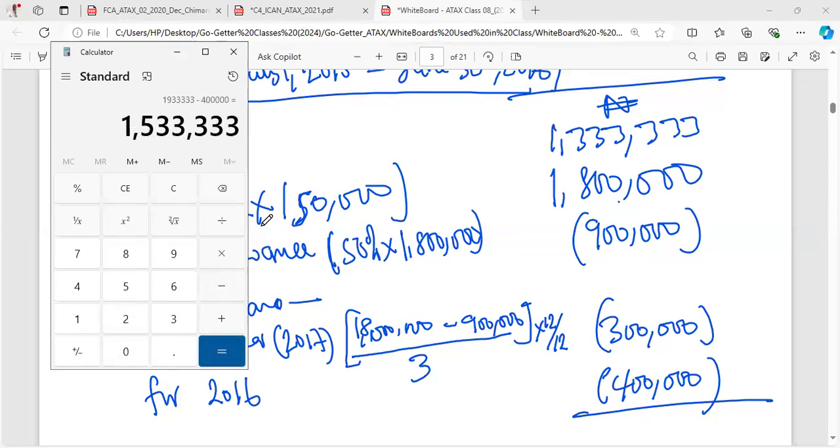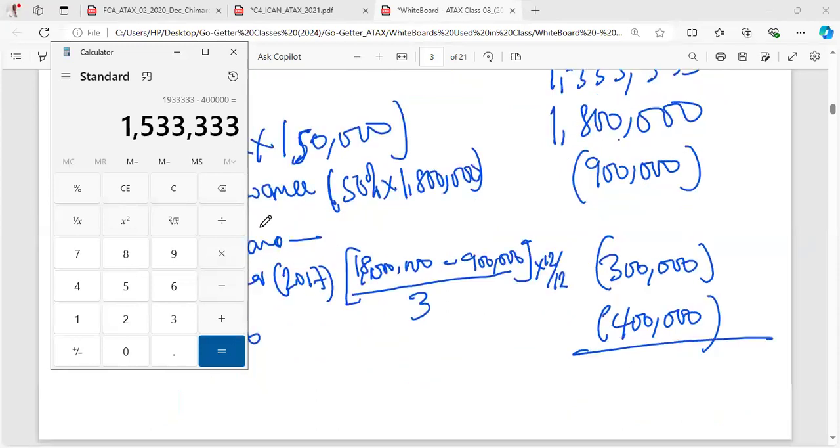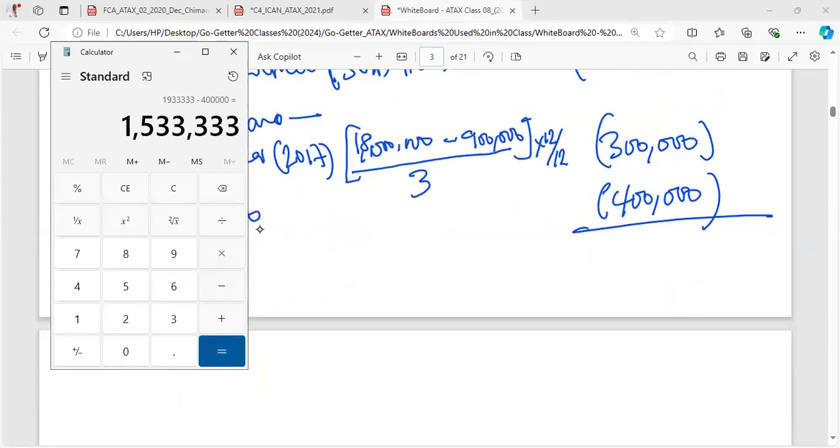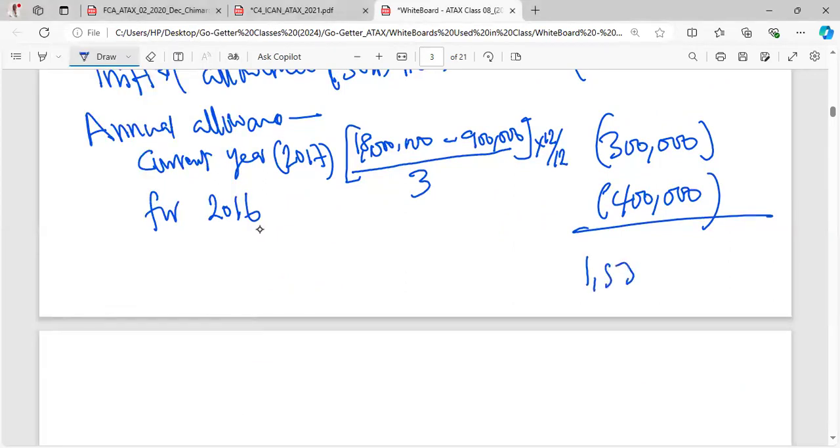The tax written down value will be 1,533,333. So that's your tax written down value.